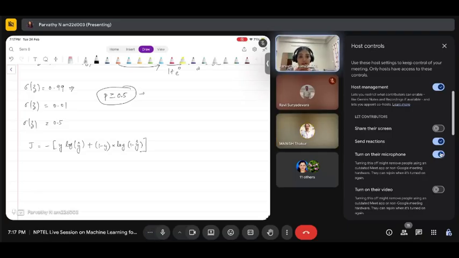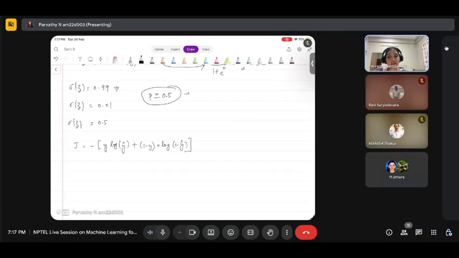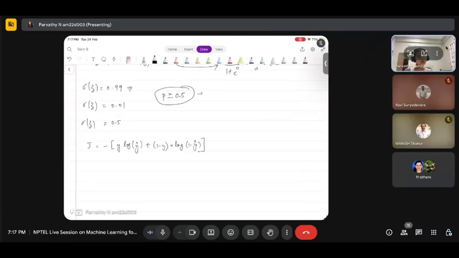So you will come across this later. Here I'm talking about binary cross entropy only, which can help you do binary classification. But there is something called cross entropy, which can help you classify multiple classes where classes are greater than two.